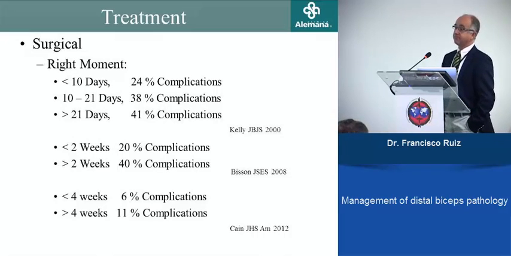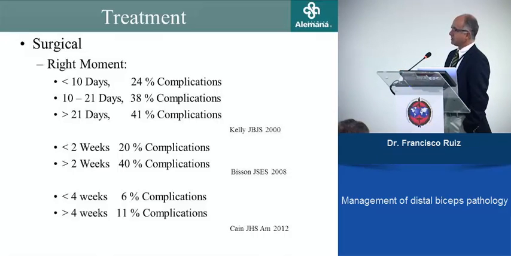For the last 15 years, we have heard a lot about it. Sometimes they told us it's better to do a surgery before 10 days, because the complications can rise even to double. In others, before 2 weeks, because the complications were raised between 20 and 40%.